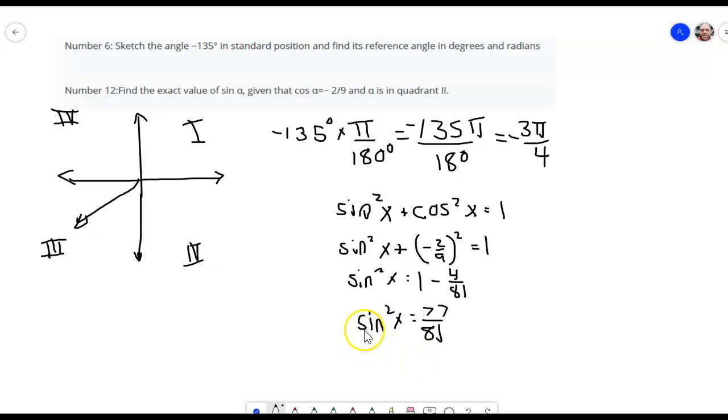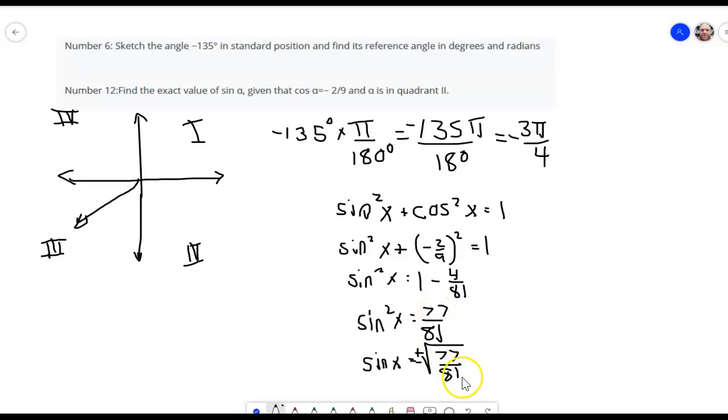And then I'm going to take the square root of both sides. So the sine of x is equal to plus or minus the square root of 77 all over 81.